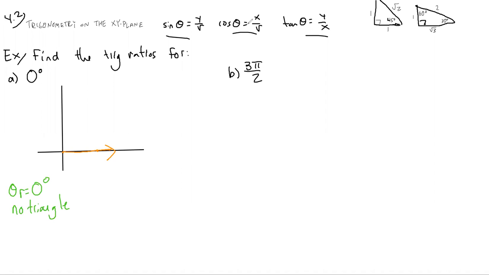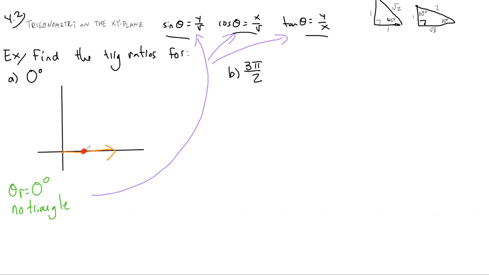So when we have no triangle, we don't really get to put those sides, the opposite and the adjacent, into the picture. So we can't use that as our guide, the SOHCAHTOA. But what we do have instead is we can go up and use these formulas that we have already established. To use those formulas, all that we really need to do is find a point on our terminal side.